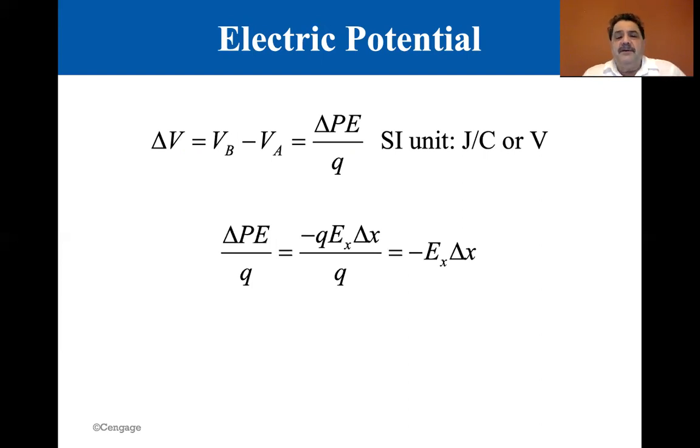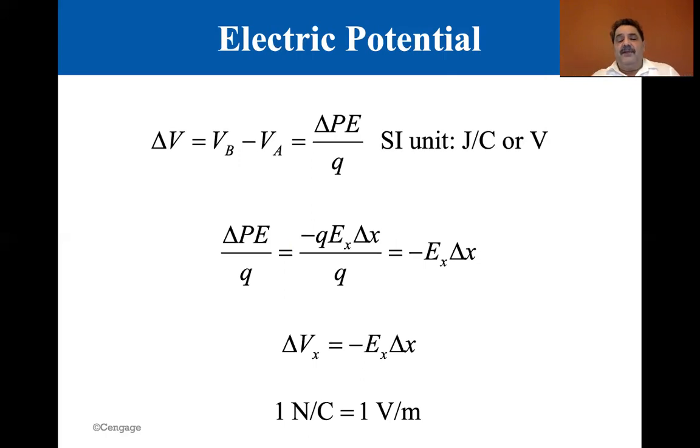The change in potential energy divided by Q equals minus Q E_x delta X over Q. So you see the Q's cancel and you have E_x delta X. So the change in voltage V_x is equal to minus E_x delta X. So we have both expressions, and 1 Newton per coulomb equals 1 volt per meter.